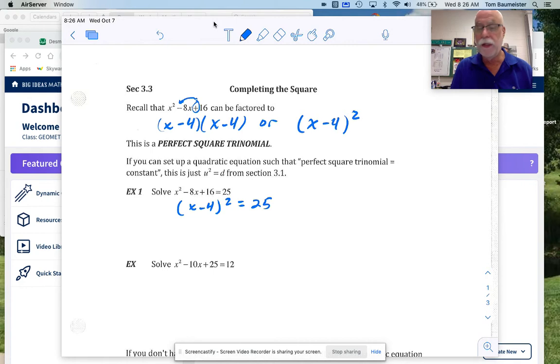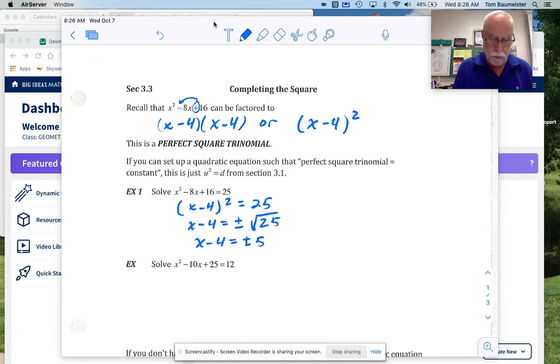Remember, to undo a square, we're going to square root it. So x minus 4 is equal to, and since we are now in Algebra 2, we should put the plus or minus there. And then we know that x minus 4 is equal to plus or minus 5.